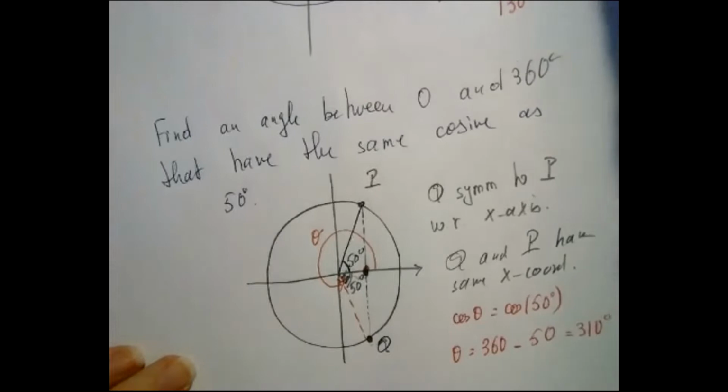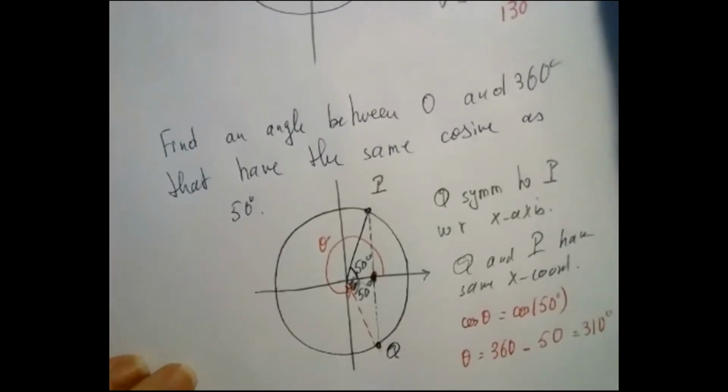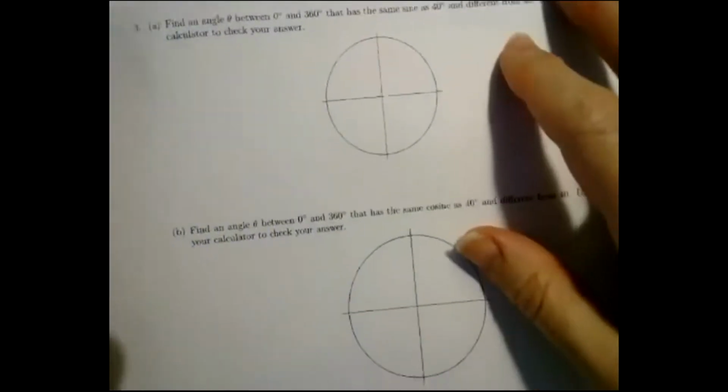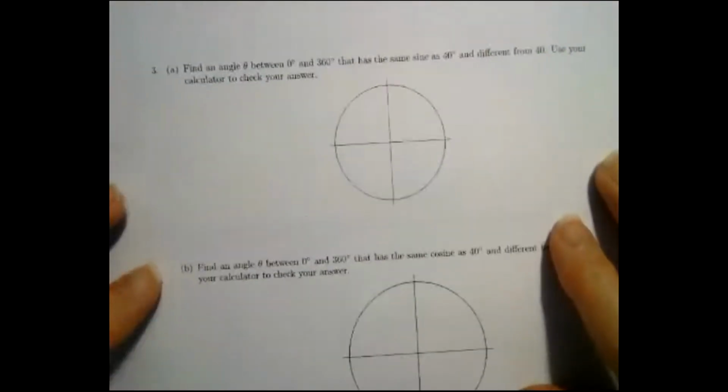Now I want you to do two problems, basically along the same lines. I'll give you a minute to do each one of them. Those problems are, as usual, on the worksheet on Brightspace, but I will put them in front of you. A and B, that should be easy.